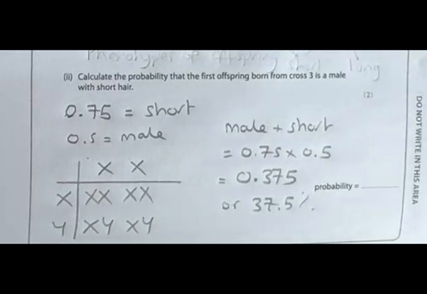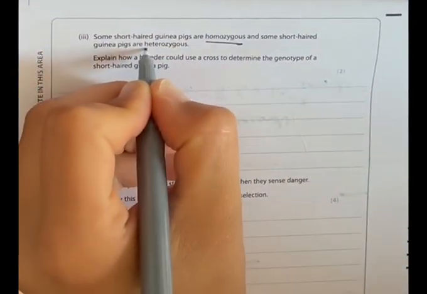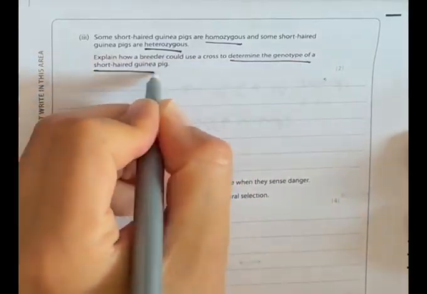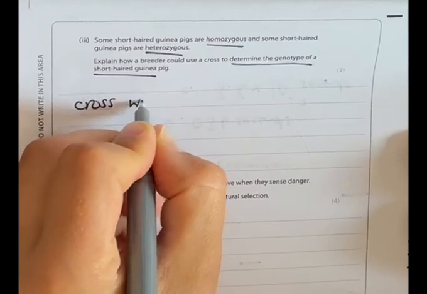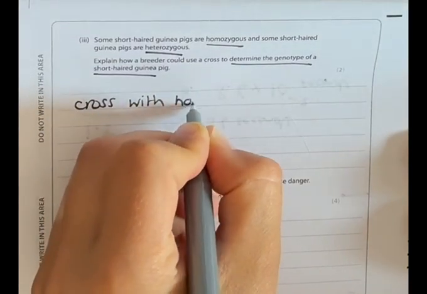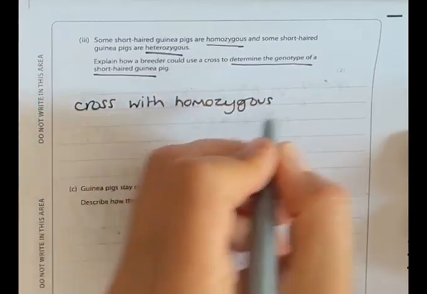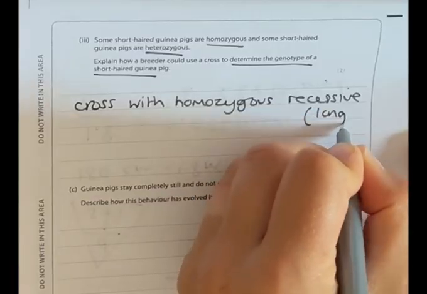So following on from that, the next question, we're told some information, which actually we've already worked out, but we are told that some short-haired guinea pigs are homozygous and some are heterozygous, i.e. short hair is dominant. Explain how a breeder could use a cross to determine the genotype of a short-haired guinea pig. So the key here is you need to cross them with a homozygous recessive individual. So that's a long-haired guinea pig.